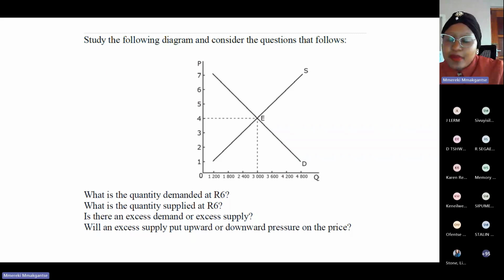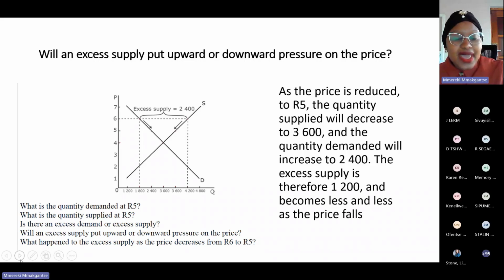Correct. It will put downward pressure, because excess supply is when the price is above equilibrium. Now the price has to be at 4, and that's when it's equilibrium. Downward pressure.